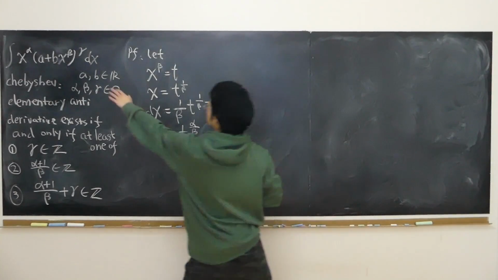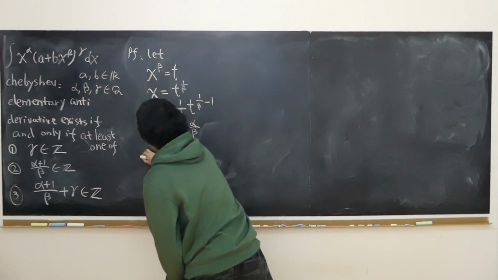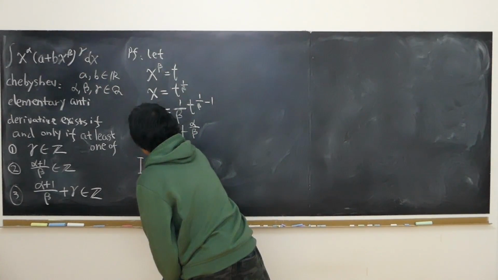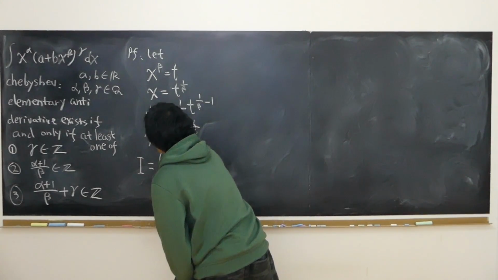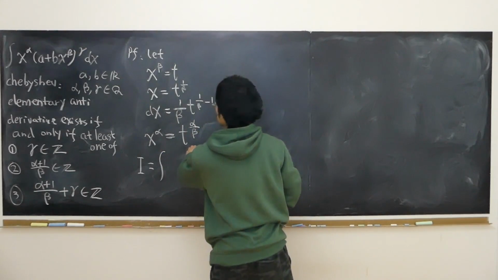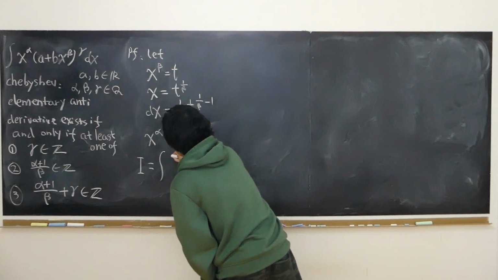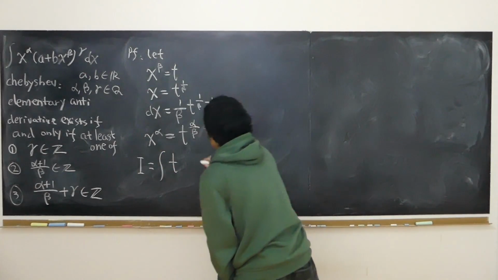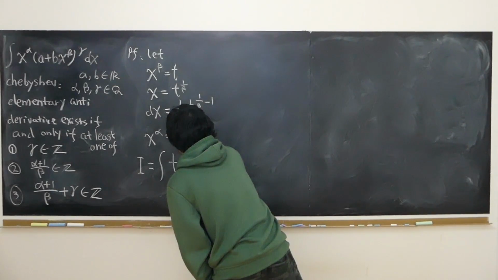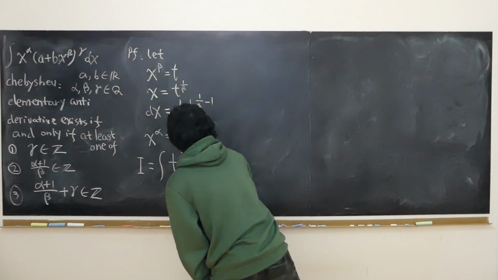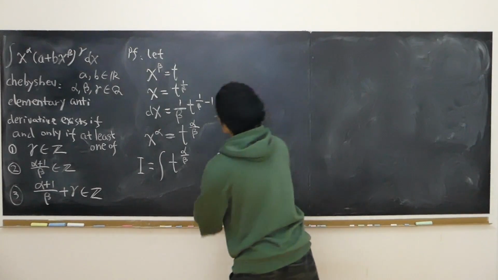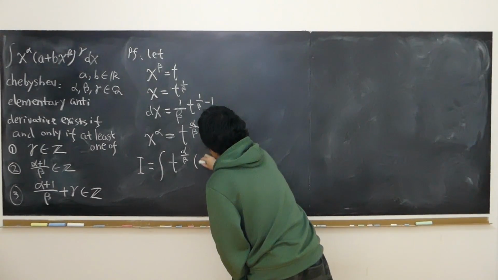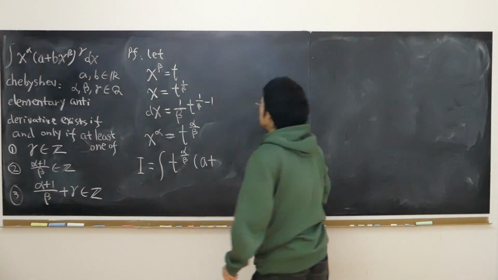Now we're going to call this integral I. So I is now equal to t to the alpha over beta times quantity a plus bt.